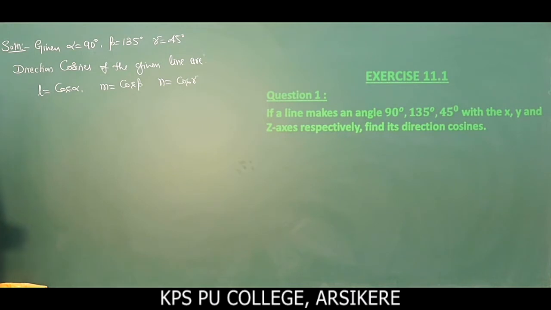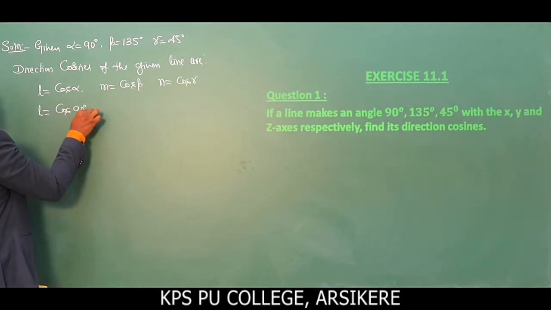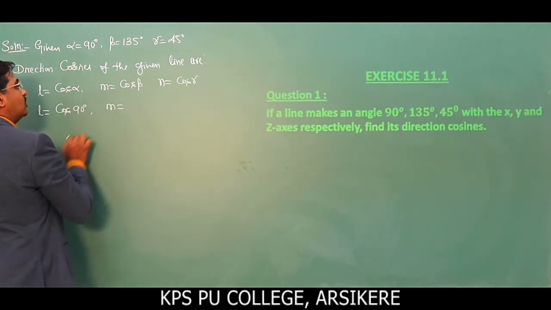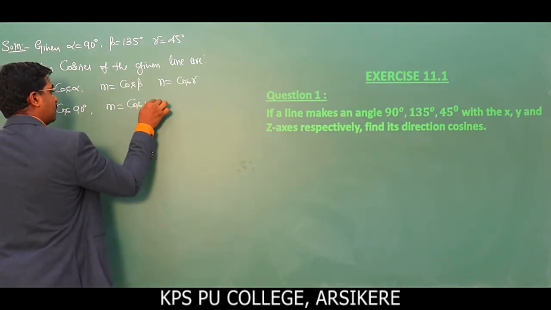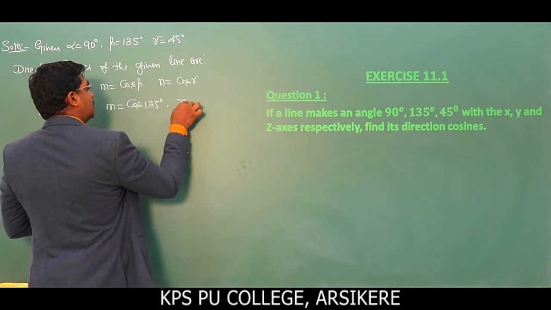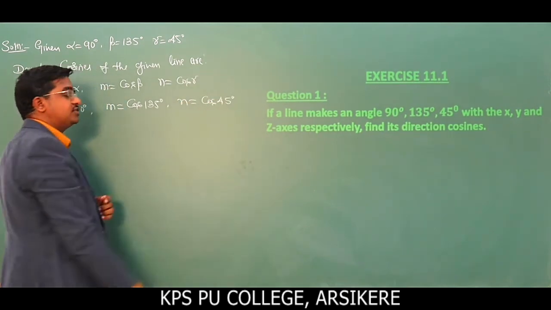Just replace the values of alpha, beta and gamma. So l is equal to cos of 90 degrees, m is equal to cos of 135 degrees and n is equal to cos of 45 degrees.